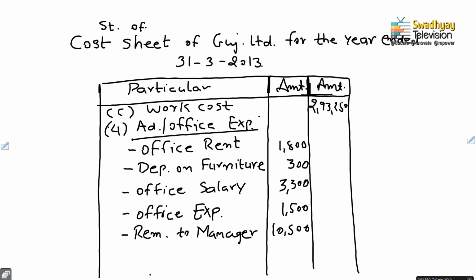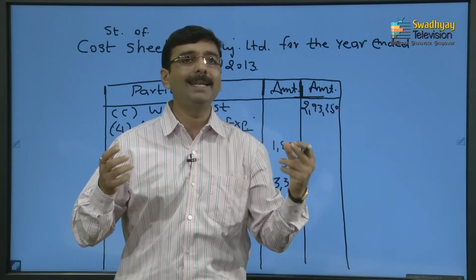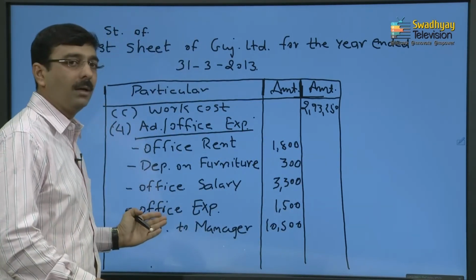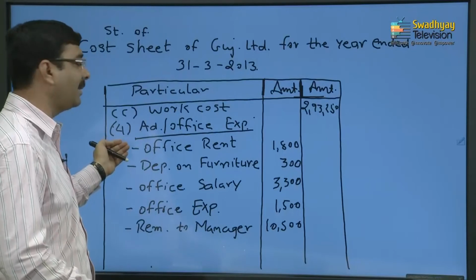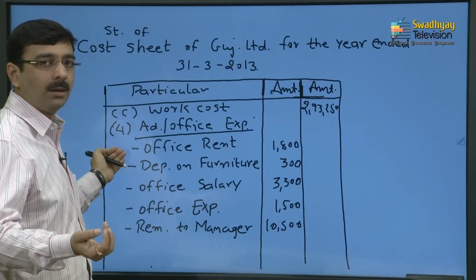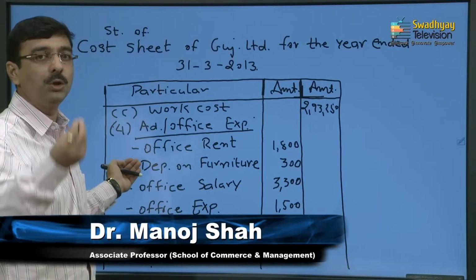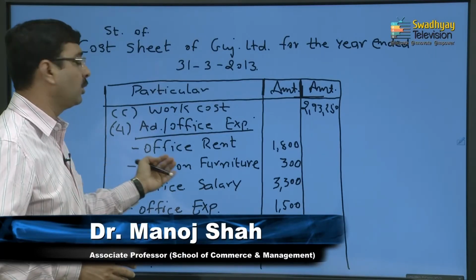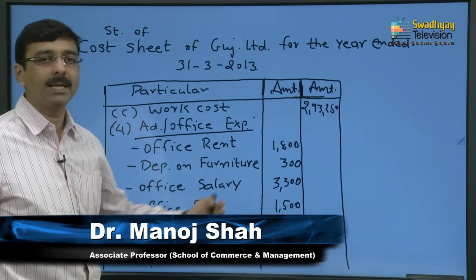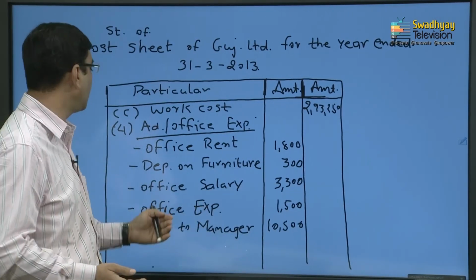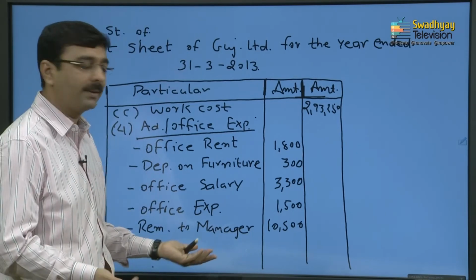So ultimately, so far as admin and office expenses are concerned, these are the expenses which you can easily identify and determine. These are the expenses recorded under office expenses. The office rent is naturally paid for the particular building which is actually used for the office. Depreciation on furniture, naturally the furniture which is actually available in the office, and depreciation charged on this furniture would be considered under the office expense.